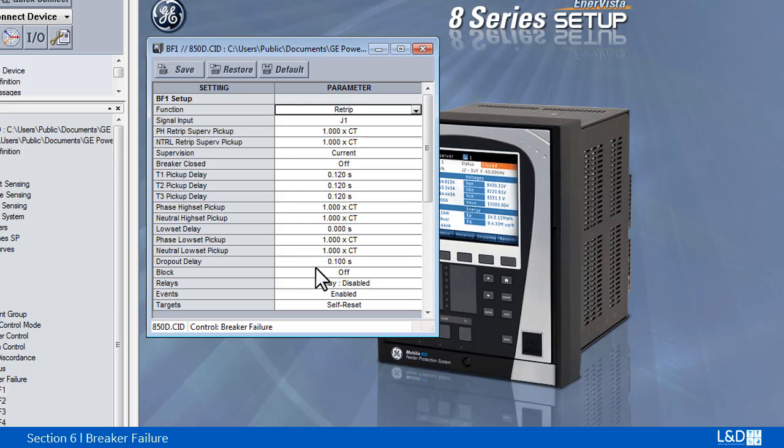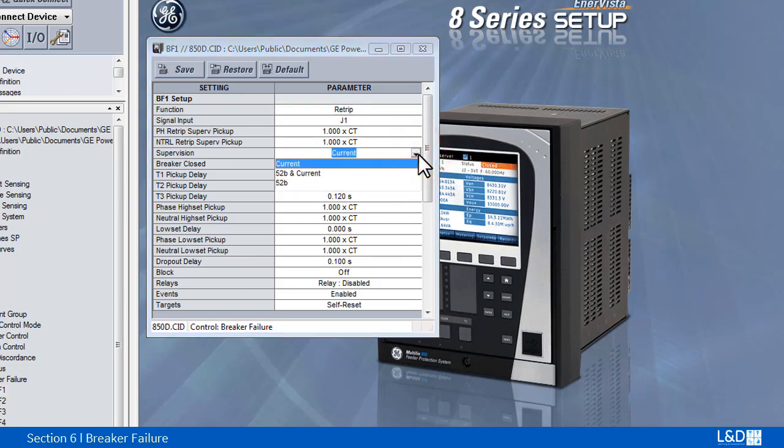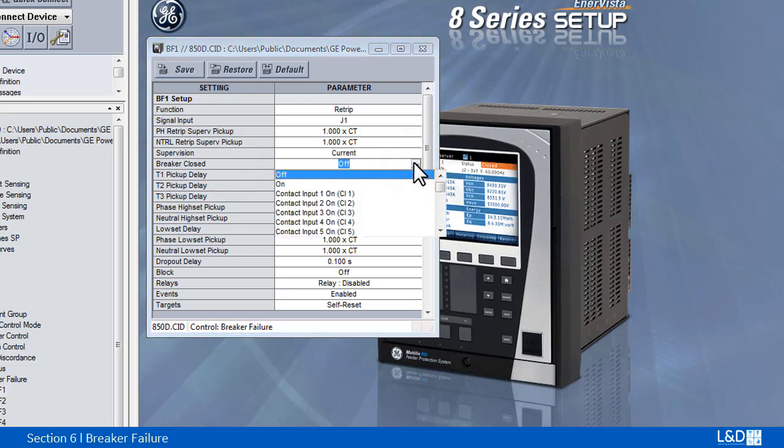The scheme determines a breaker failure condition supervised by one of the conditions: current, breaker status and current, or breaker status only. Breaker closed selects the flex operand to indicate that the circuit breaker is closed.